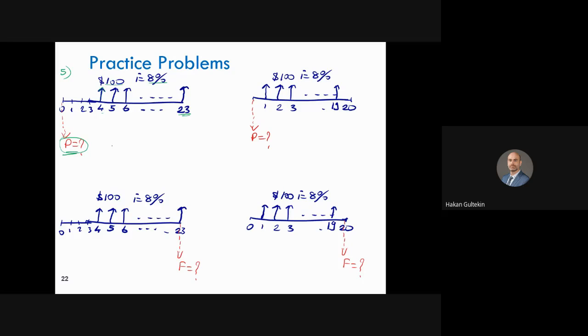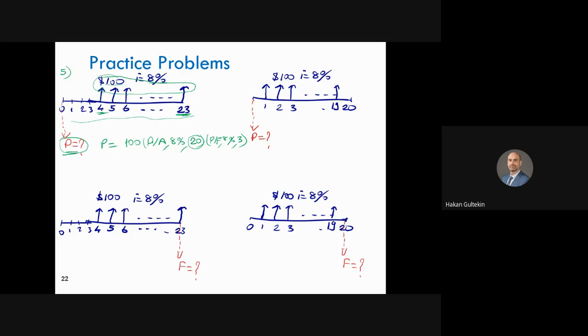How can I find it? Okay, so let me explain how it happens. We have these 100 payments starting from year 4 up to 23. And between 4 and 23, how many payments do we have? There are 20 payments in total.